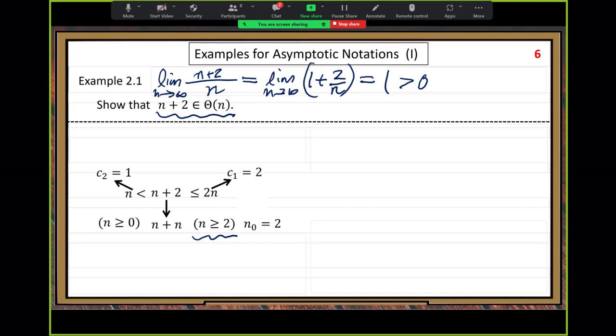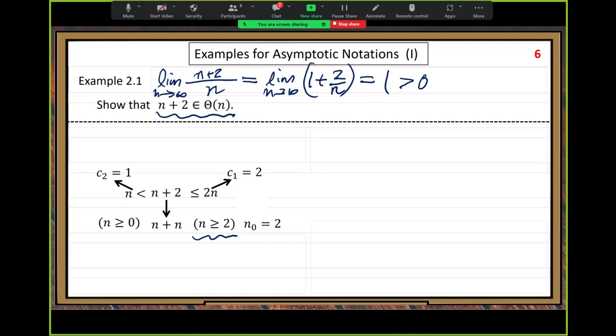So if you want to use the definition to prove this conclusion, you need to tell me what your C1 is, what your C2 is, and what your n0 is. After you give me these three numbers, then you can make the conclusion. So from the first example, you can see there are two methods, the limit method and the definition method.